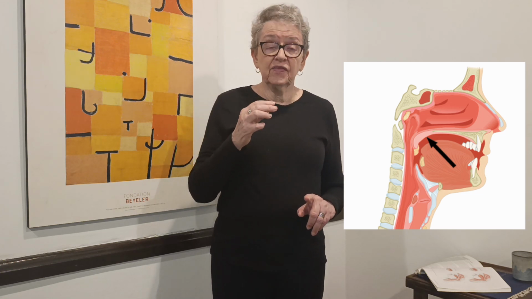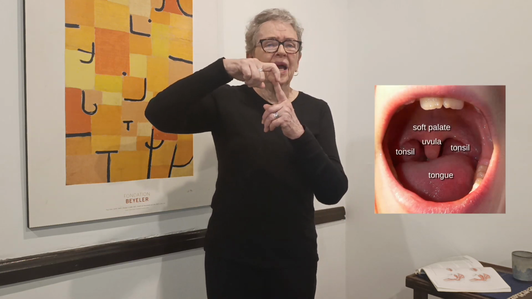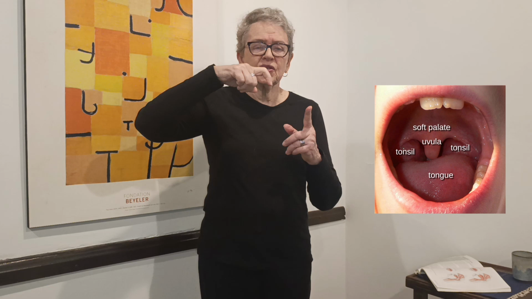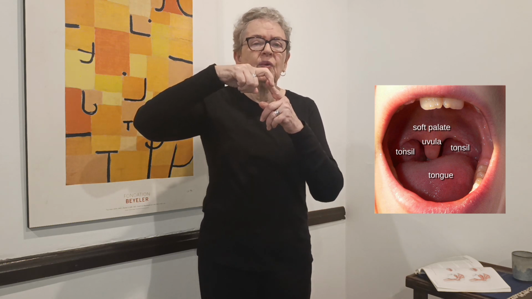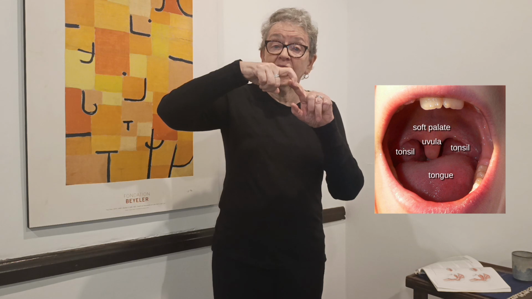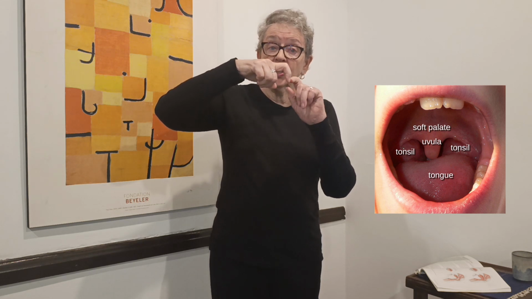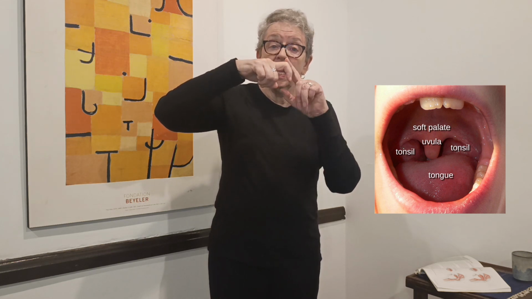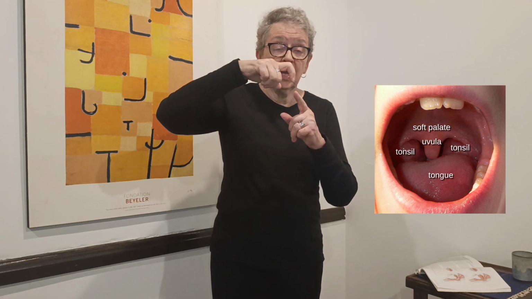At the end of the soft palate is the uvula. Okay. When I was a child, we would look in each other's mouth and we'd see this little tongue hanging down, and we were kind of entertained by it. Well, it is very useful in singing. We need to learn to keep it in the position down.